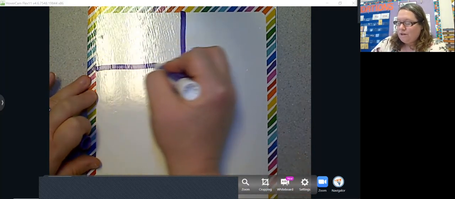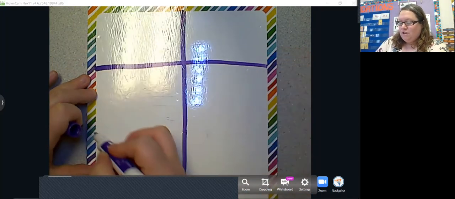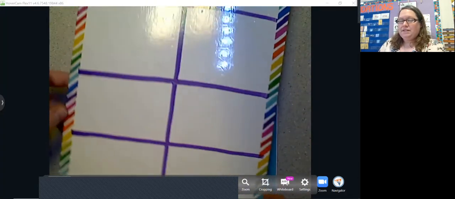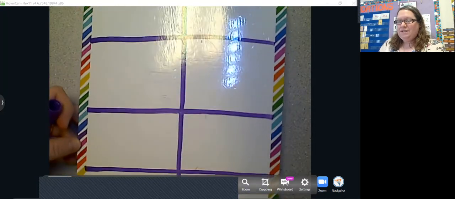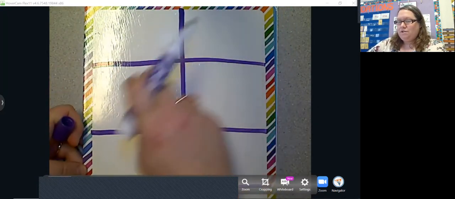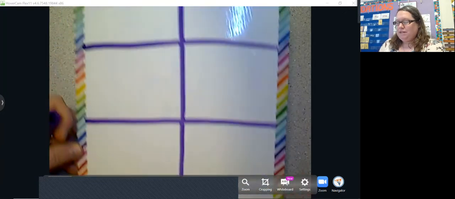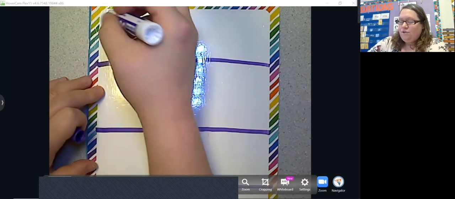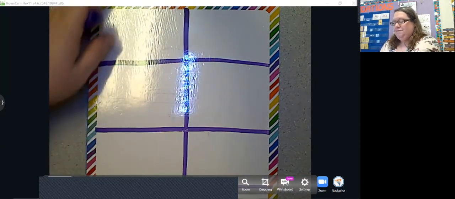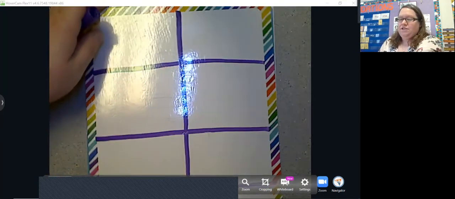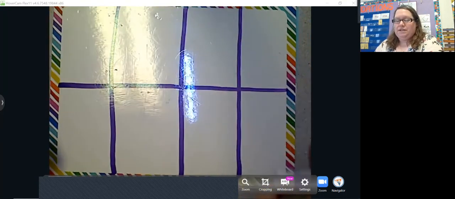We're going to draw 1, 2, and 3 lines across so we can make boxes. So 3 lines across makes 1, 2, 3, 4, 5, 6, 7, 8 boxes. You can turn it long ways, this way you can see it better.